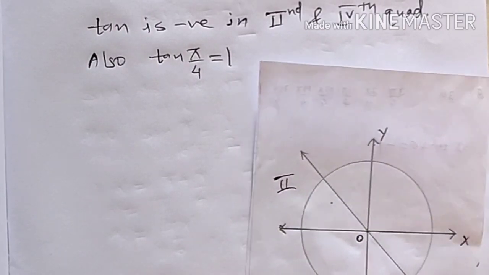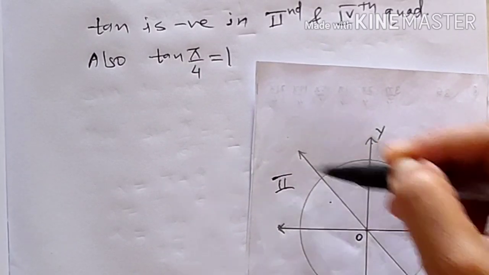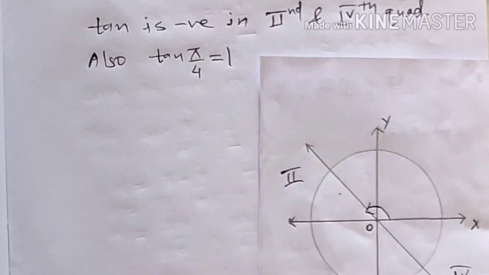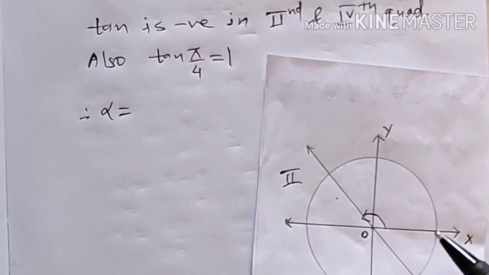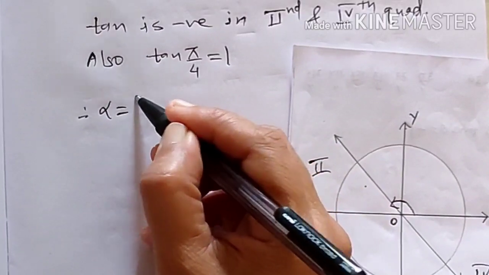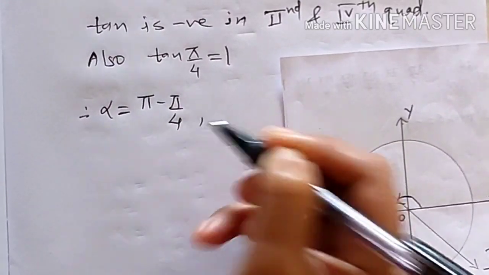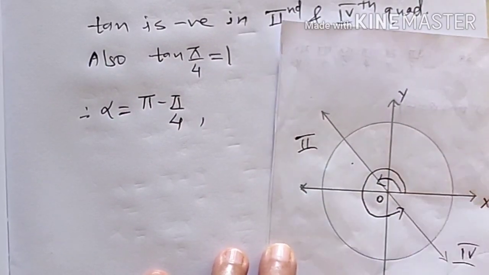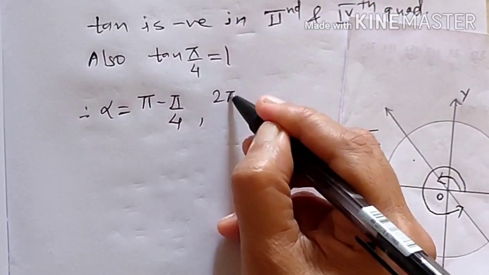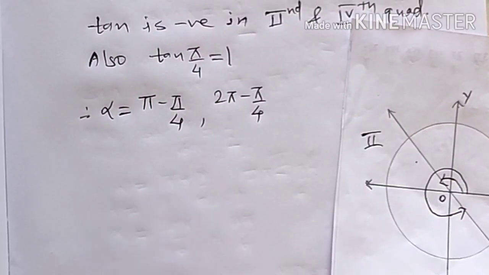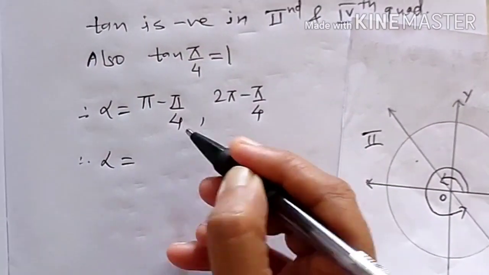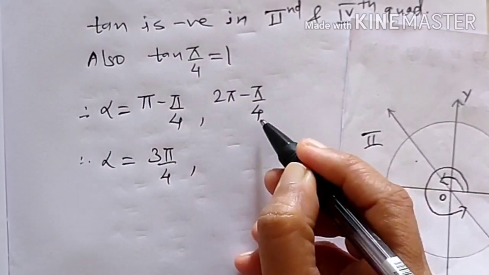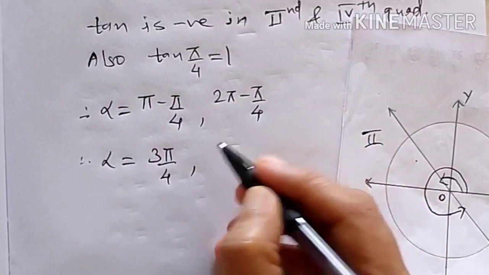Now, for the possible angles, since it is in the second quadrant, we consider this particular angle. And how much is this? Alpha is equal to pi minus pi by 4. The second possibility is this particular angle, which is 2 pi minus pi by 4. So we got 3 pi by 4, and the second possibility, 7 pi by 4.